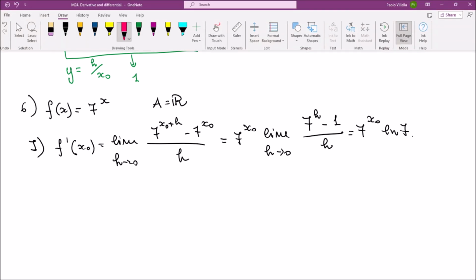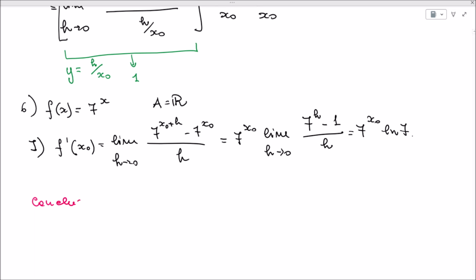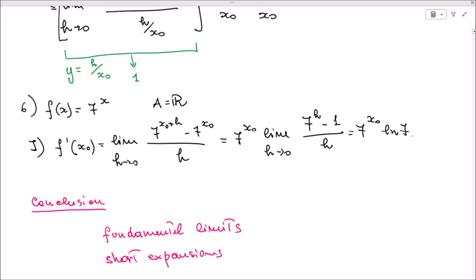In conclusion, we notice that the fundamental limits, the short expansions, and the derivatives of elementary functions are exactly different ways of expressing the same concepts.